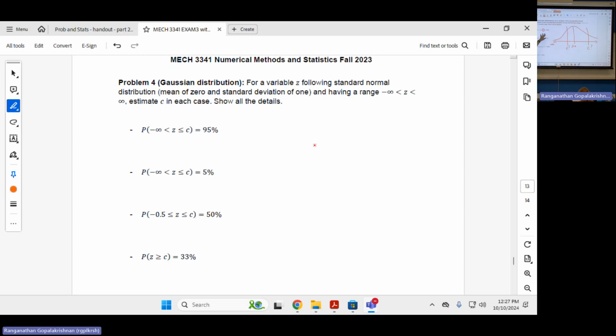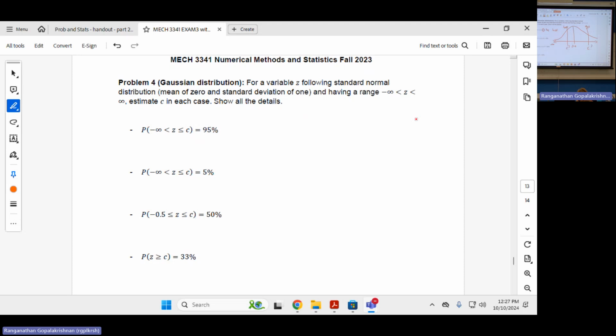Suppose I had written instead of 95%, suppose the question was 40%, then this will be the correct way of drawing C, because 40% is less than half. That is what I asked, how do you know? Or you know now because intuitively you saw 95, it's more than half, so you went for the right side.